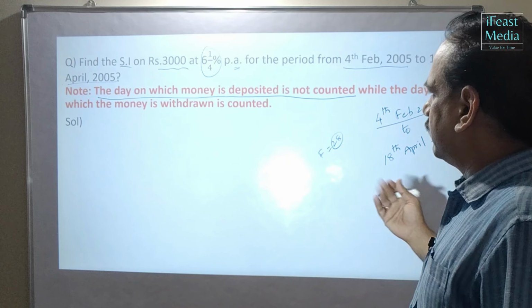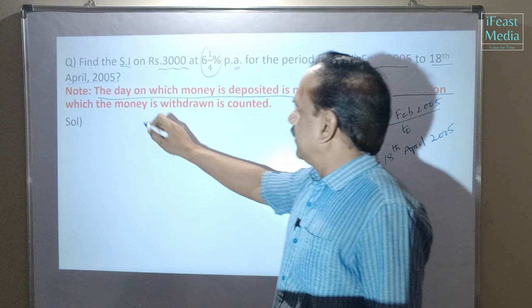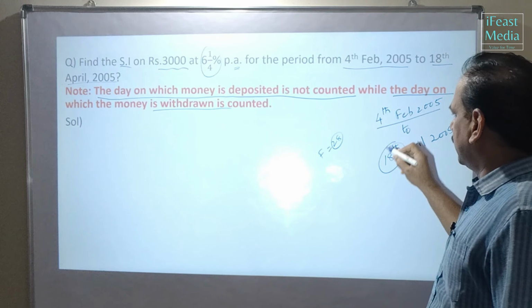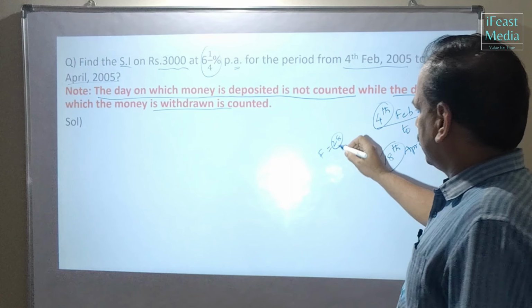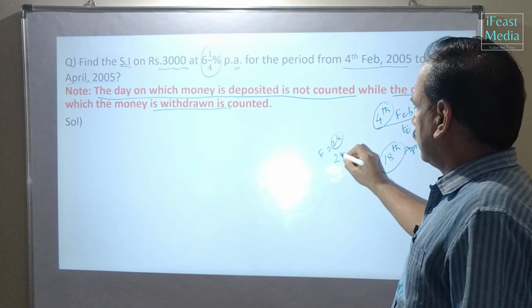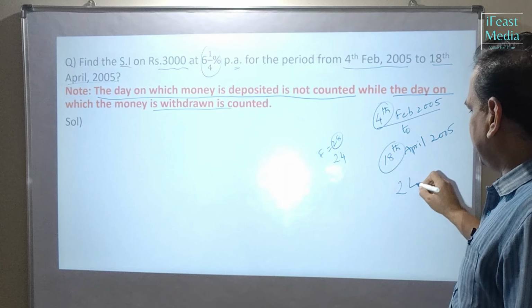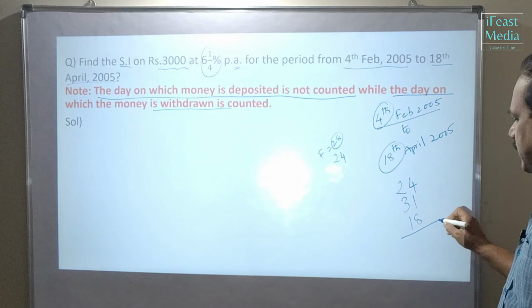So 4th is not counted, while the day of withdrawal is counted. So 18th April is counted, 4th February is not counted. So you should exclude first 4 days of the February. It is 24 days in Feb, 31 in March, and 18 in April.